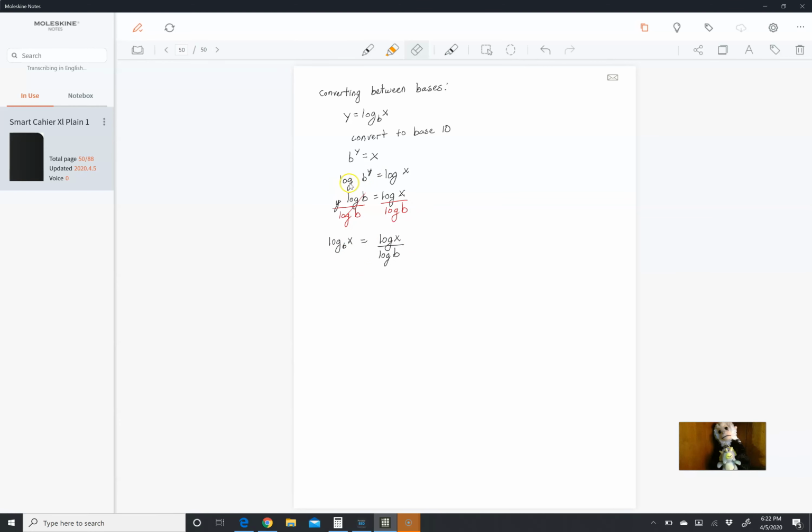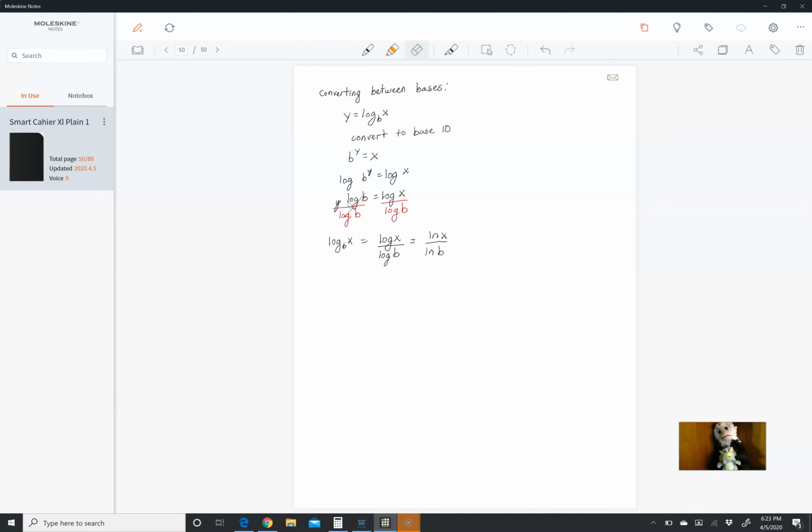And in fact, we took the log of both sides, but we could have taken the ln of both sides. And if we took the ln of both sides instead, which is absolutely fine, then we would have y times the ln of b equals the ln of x, divided by the ln of b over the ln of b. So this would actually also be equal to the ln of x over the ln of b. And if we wanted to, we could even convert to a different base. We don't have to, so we convert to base 10 or we convert to base e, and the reason for that is that that is what our calculator will allow us to do.